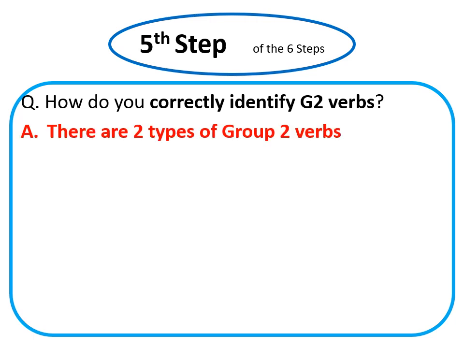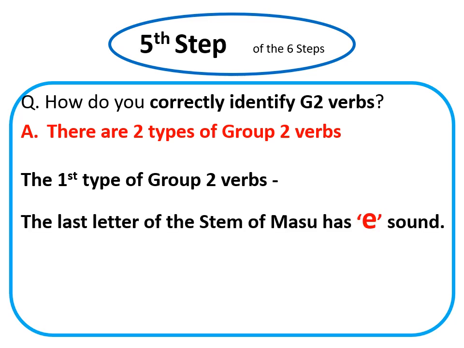There are 2 types of group 2 verbs you need to remember. Okay, the first type of group 2 verbs has an "e" sound ending stem before masu. Nemasu, tabemasu, okay.